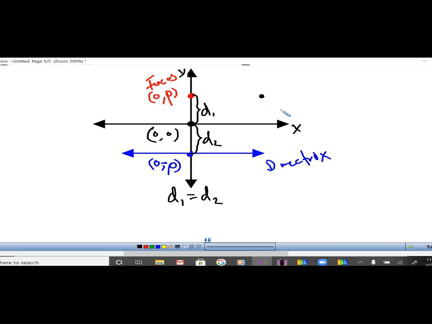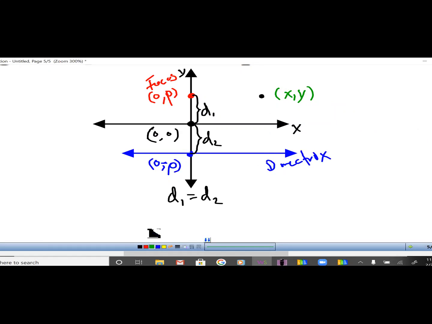There it is. Okay, and let me extend this directrix. Now check this out. This point, I'm just going to label it x, y. Okay, there it is. Look up.